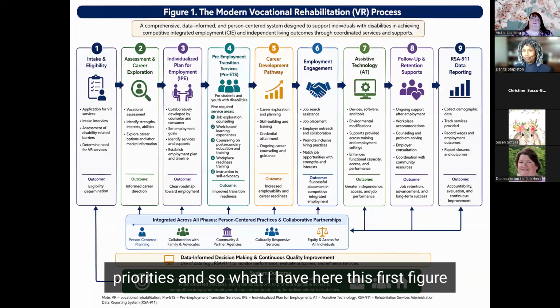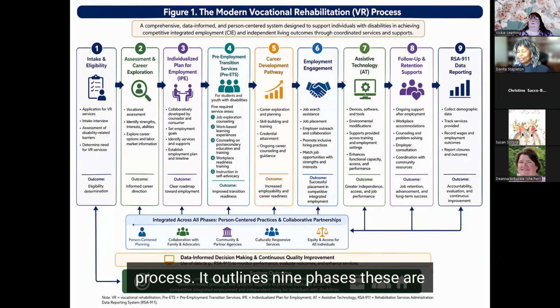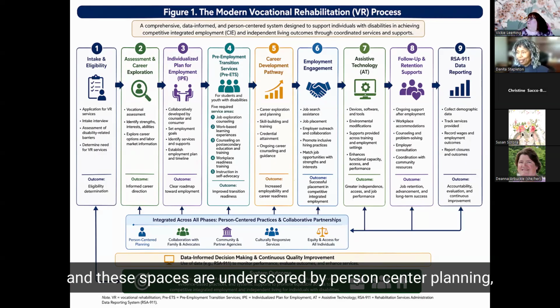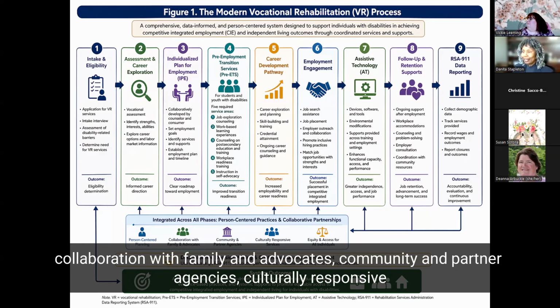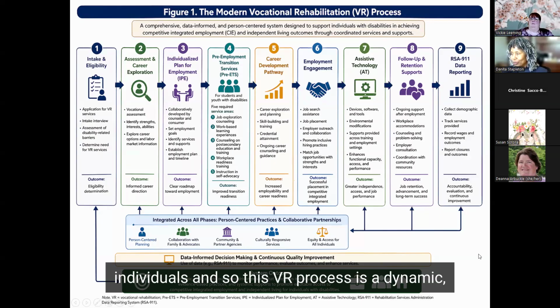This first figure depicts what I'm referring to as the modern vocational rehabilitation process. It outlines 9 integrated phases. These phases are underscored by person-centered planning, collaboration with family and advocates, community and partner agencies, culturally responsive services, and equity and access for all individuals.